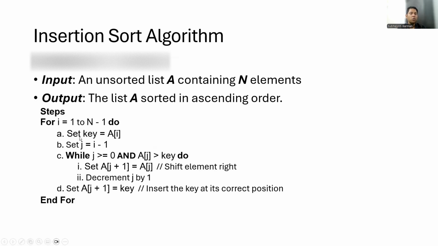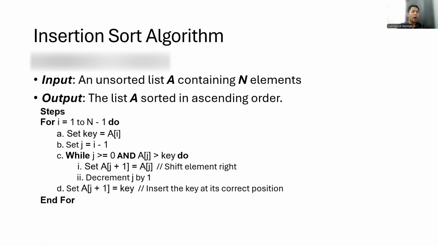Next, what do we have to do? Within a temporary variable, we will copy the value of A[i]. What is the meaning of A[i]? This is the first element in my unsorted subarray. After that, we have to iterate over the sorted subarray from right hand side to left hand side.